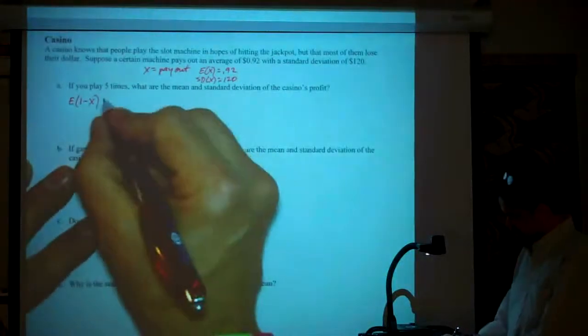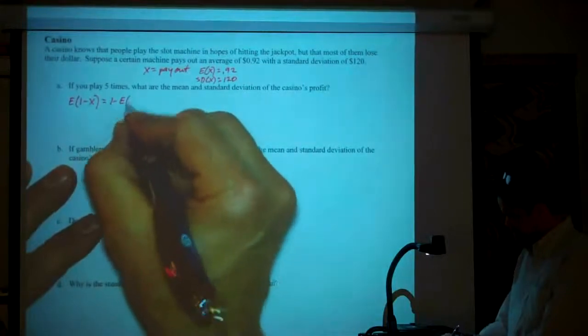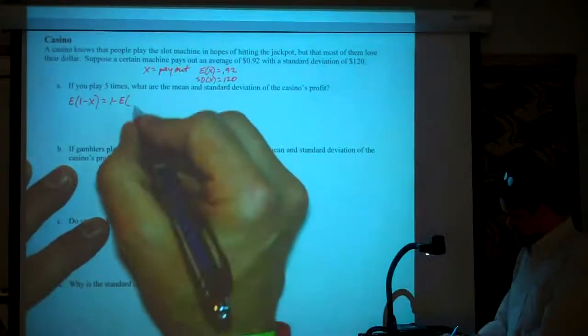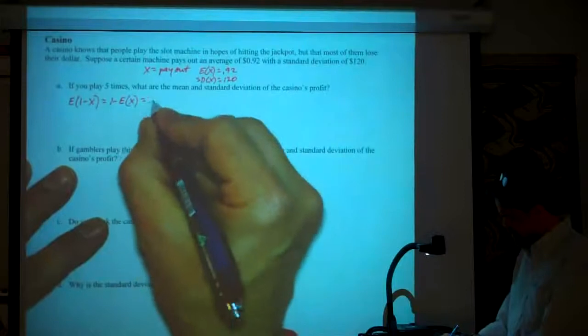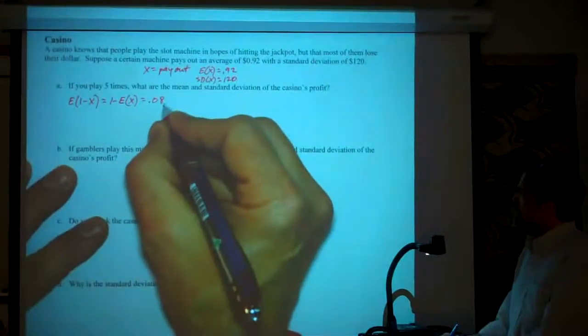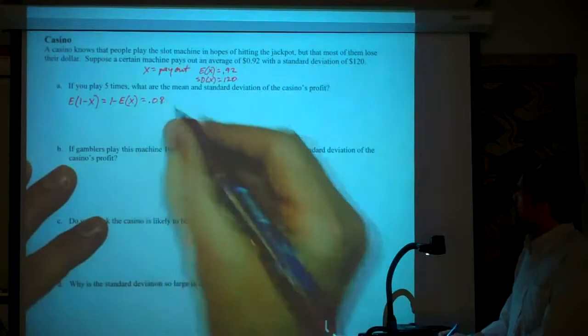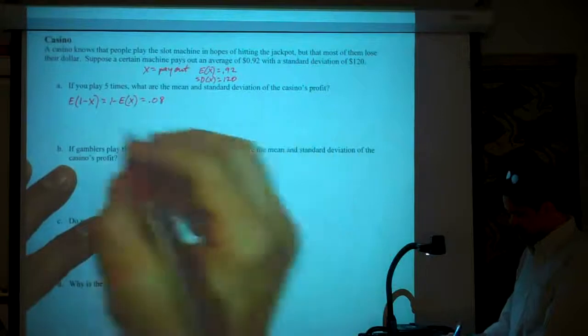Well, that's just going to be 1 minus the expected value of x, and that equals 1 minus 0.92, which is 0.08. So 0.08 is our expected profit per time that you play. Okay?